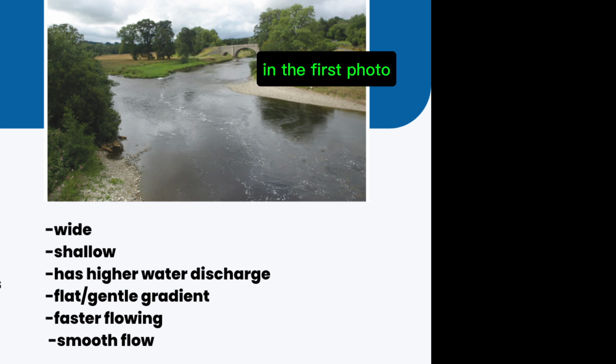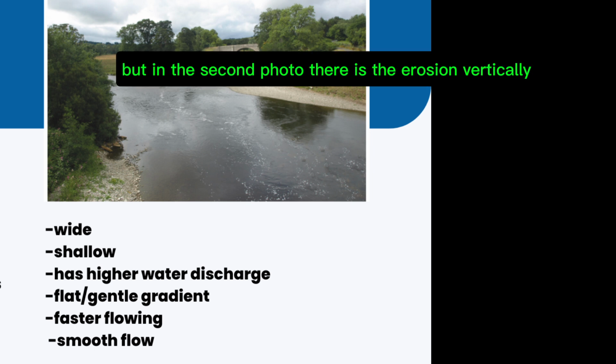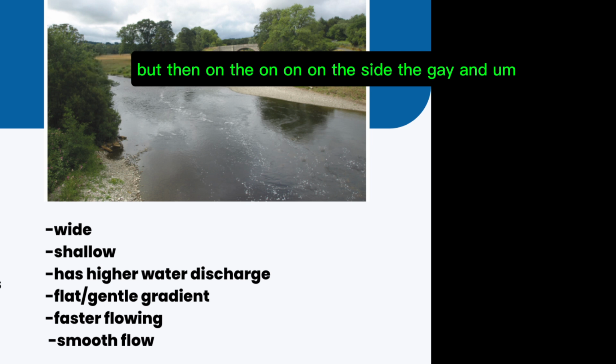So again, in the first photo, it has lots of vertical erosion because it's in the mountainside, but in the second photo, the vertical erosion is reduced, though there's still erosion on the side, and it creates a meander or another landform.